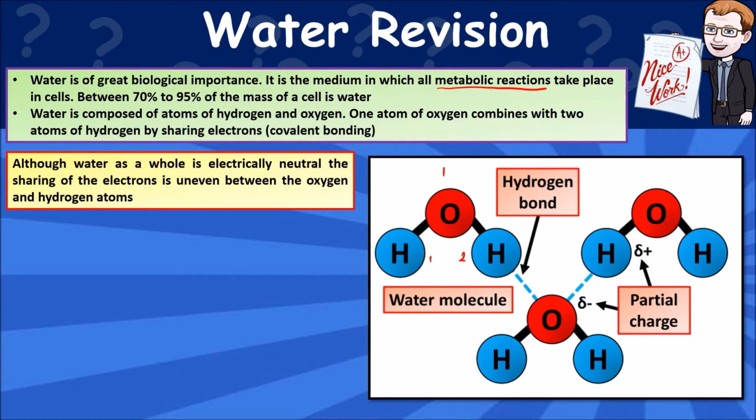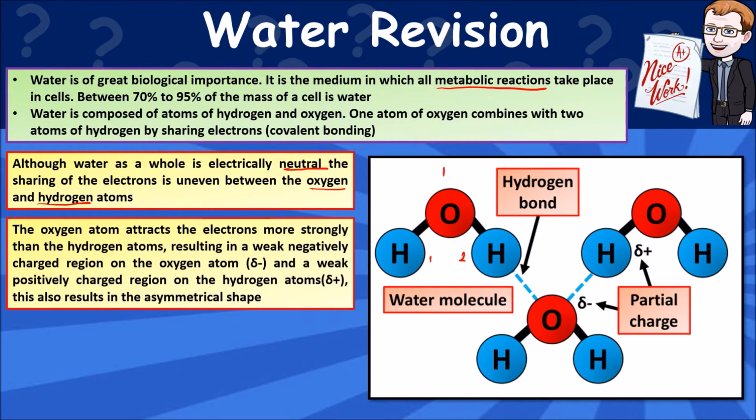Although water on the whole is electrically neutral, the sharing of electrons is uneven between the oxygen and the hydrogen atoms. The oxygen atom attracts the electrons more strongly than the hydrogen atoms do, resulting in a weak negatively charged region around the oxygen atom and a weak positively charged area around the hydrogen atoms.